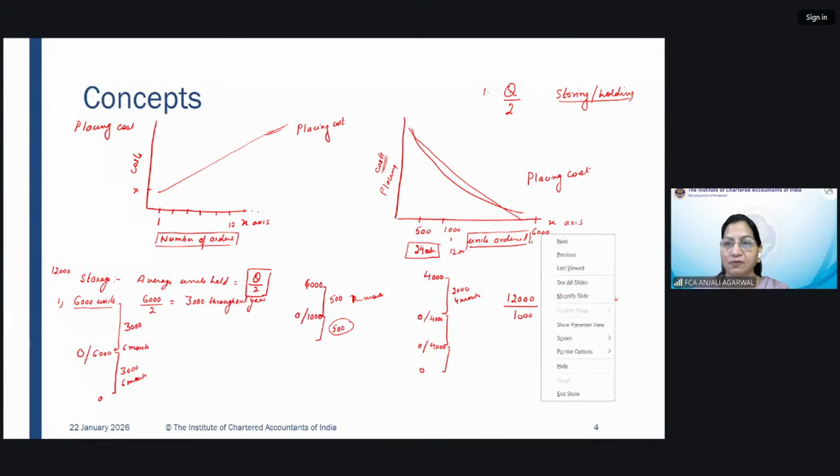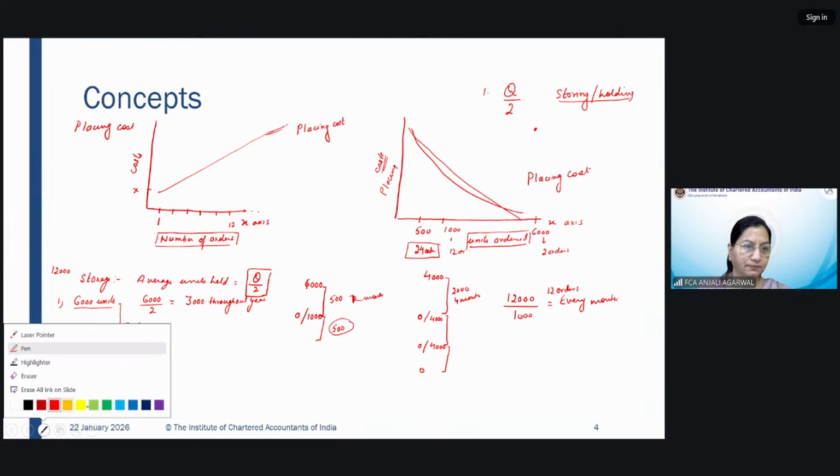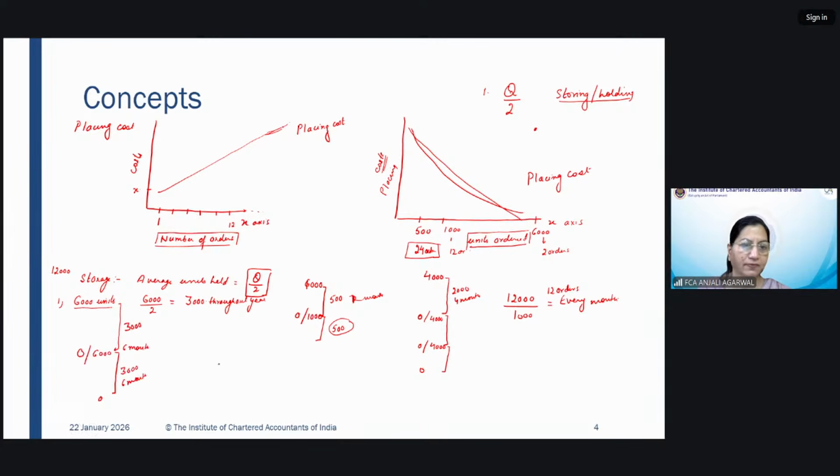When you order 6,000 units and on an average hold 3,000 units, the storing cost will be high. And when you are holding 500 units, on an average you are holding only 250, so your storage costs will be less.